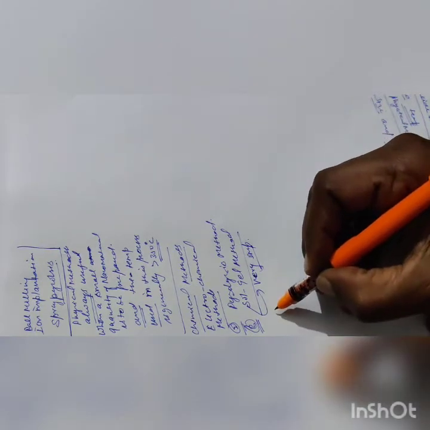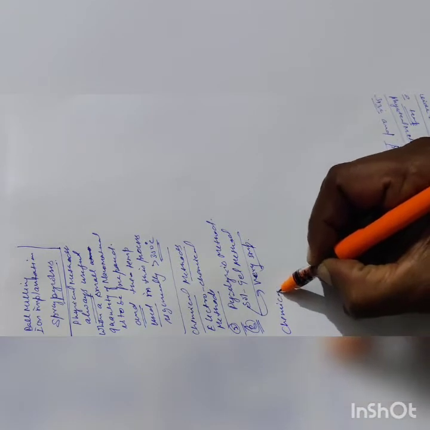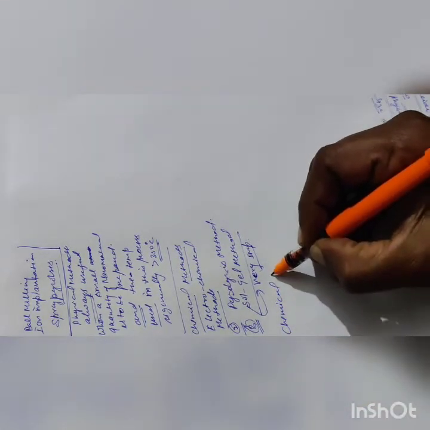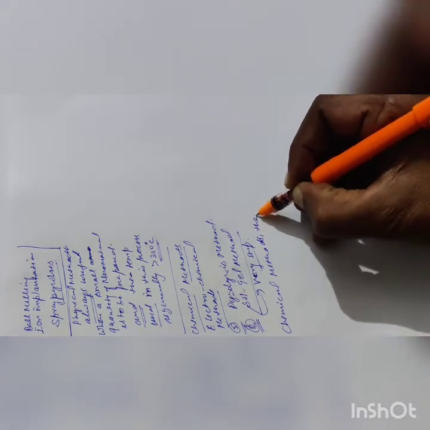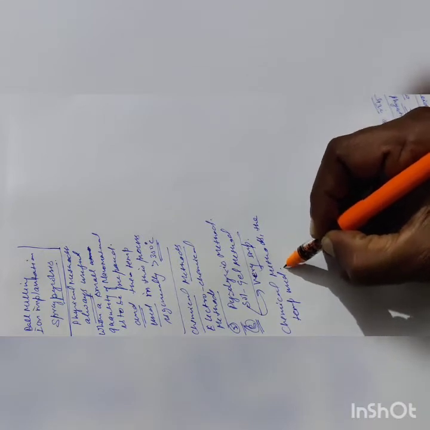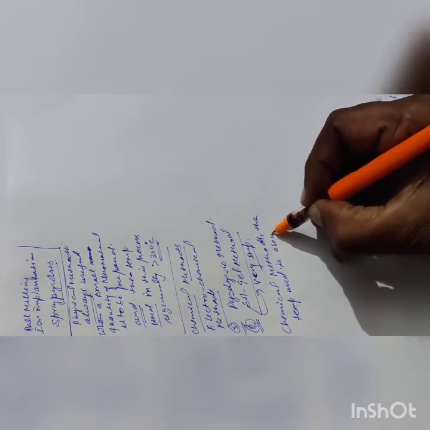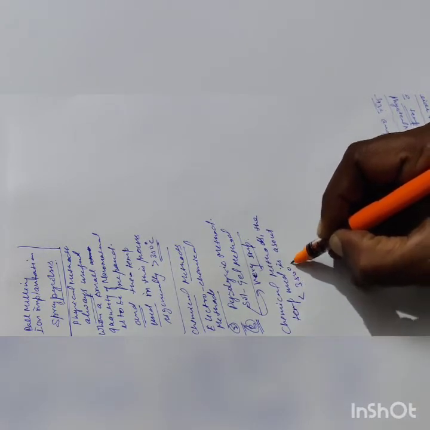You should keep in mind that in chemical methods, the temperature used is about how much? Less than 350 degree Celsius.